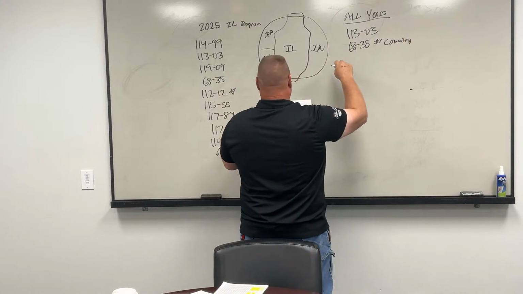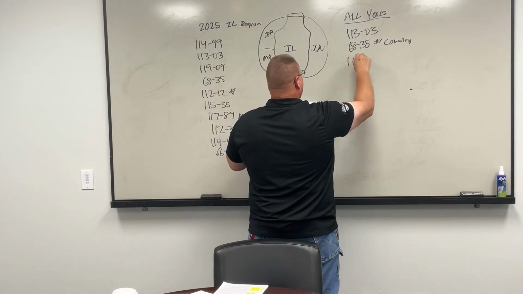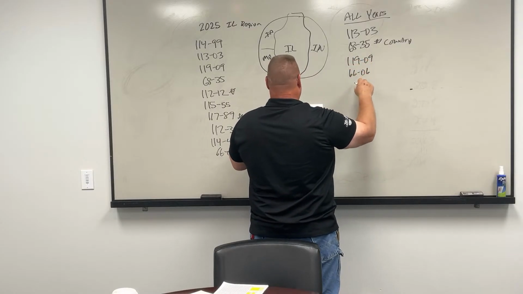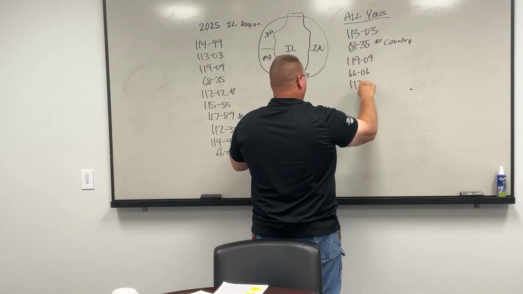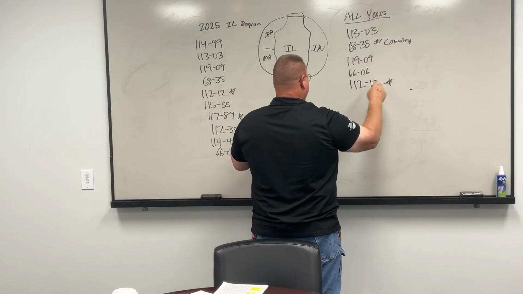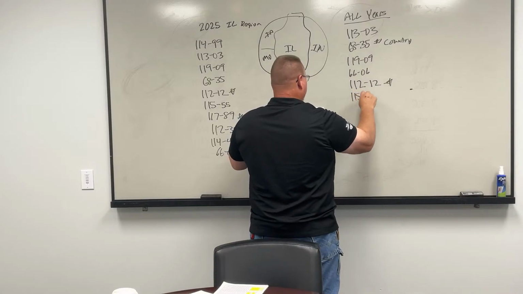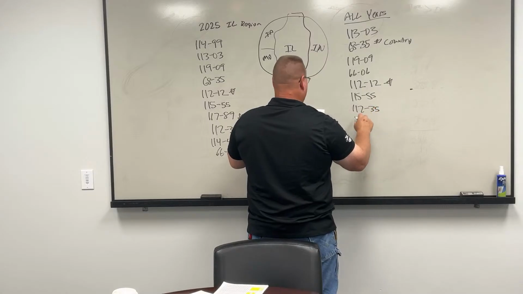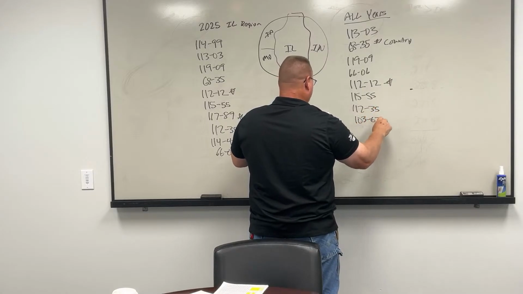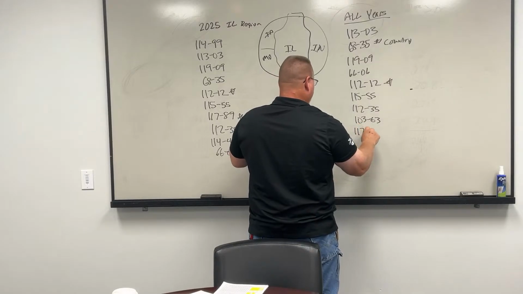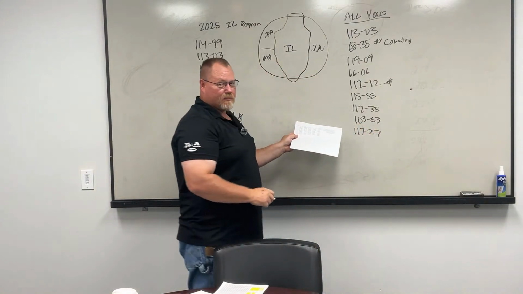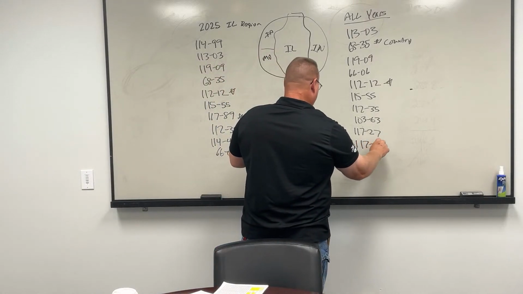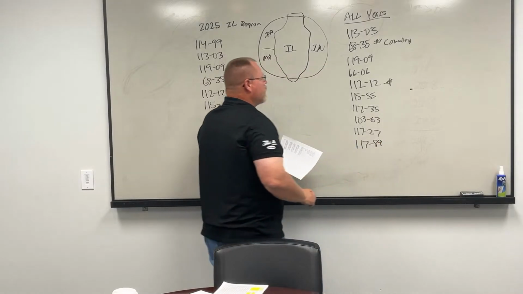So makes sense, it's high on that list. 11909, 6606, 11212 gets a star again. 11555, 11235, 10363, 11727, the disease poster child from 2025, moves up a lot when you include multiple years of data.